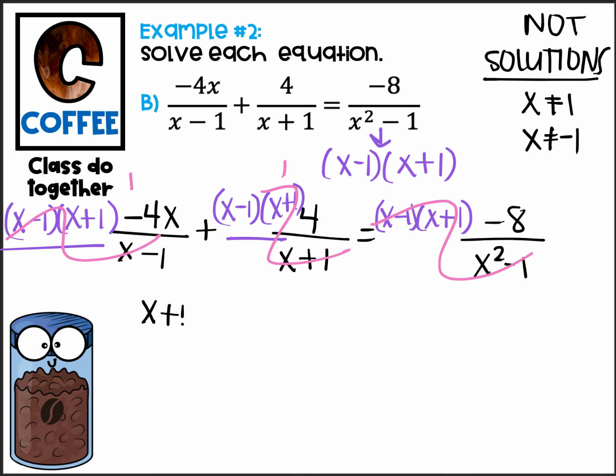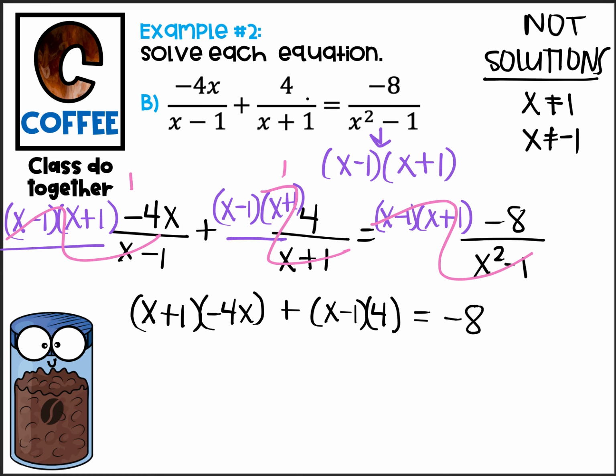I'm left with x plus 1 times negative 4x plus x minus 1 times 4 equals negative 8. Then I use the FOIL method to distribute my terms. X times negative 4x is negative 4x squared. 1 times negative 4x is negative 4x.